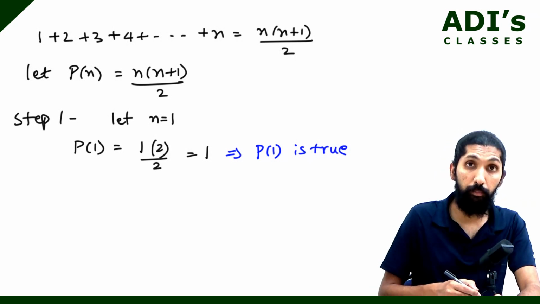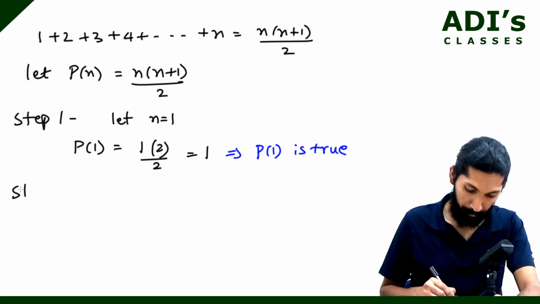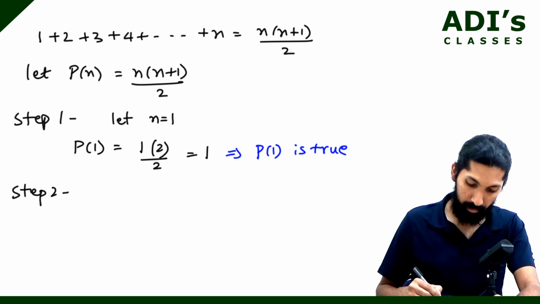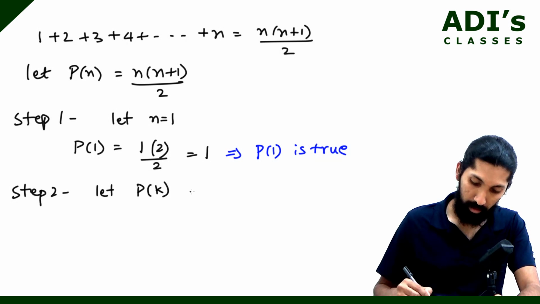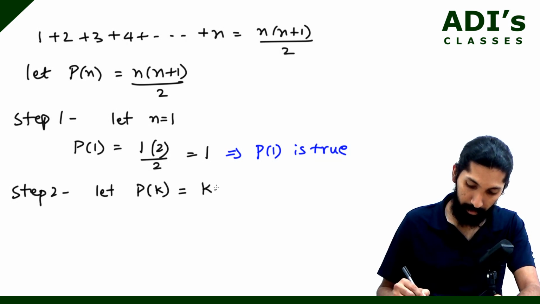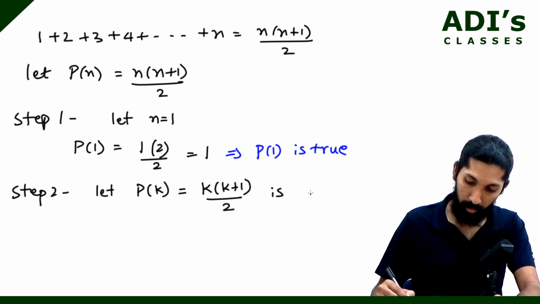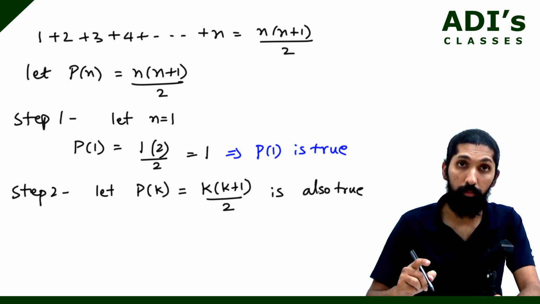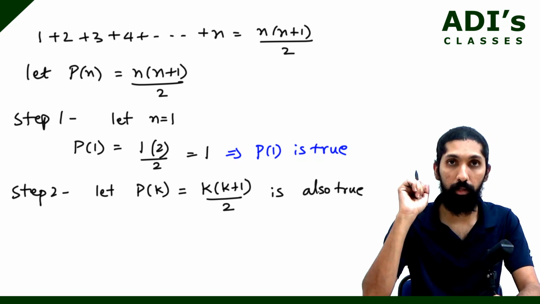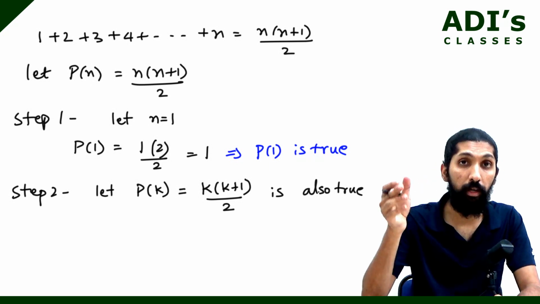So in the second step, what do we do? In step 2, we say let p of k, which is equal to k into k plus 1 by 2, also be true. So p of k is also true. Now the third step is very important, that is, you are proving p of k plus 1.